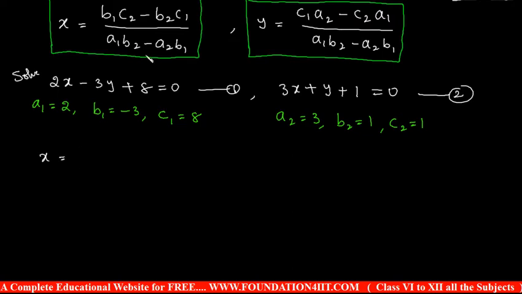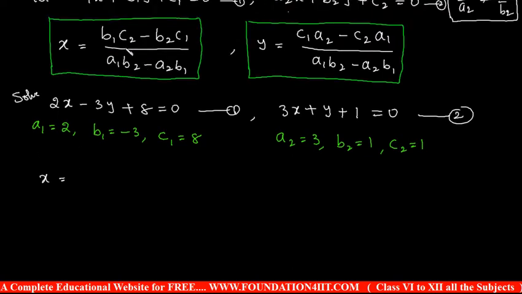Then x is equal to, as you can notice above, b1 c2. b1 is minus 3, c2 is 1, so it's minus 3, minus, formula minus, b2 c1, b2 is 1 into c1, 8, 1 into 8 is 8, divided by a1 b2. a1 is 2, b2 is 1, 2 ones are 2, minus, formula minus, a2 into b1. a2 is 3, b1 is minus 3. 3 into minus 3 is minus 9.